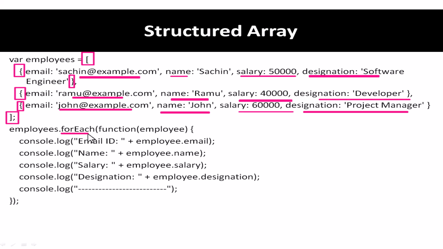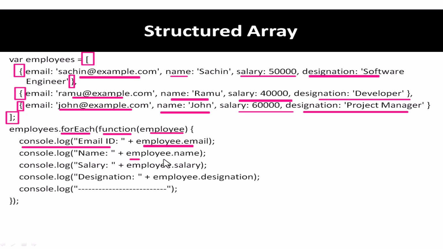Finally, we are going to use a for each loop. For each is an alternative to the for loop to pop the elements inside the array. Here the name of the function we are going to call is employee. We are using a function type here, so consider employee as a function.